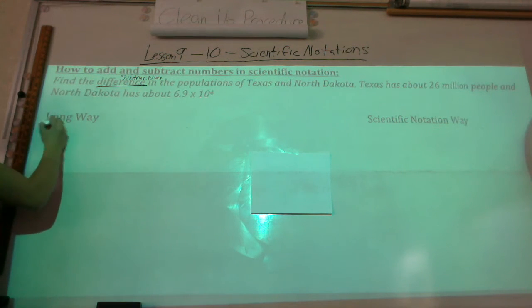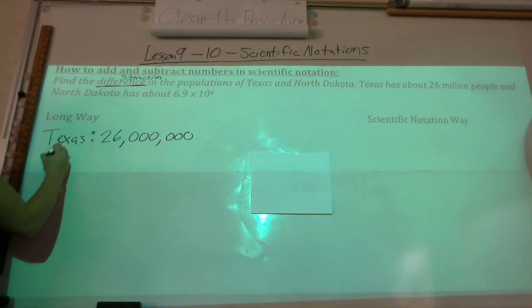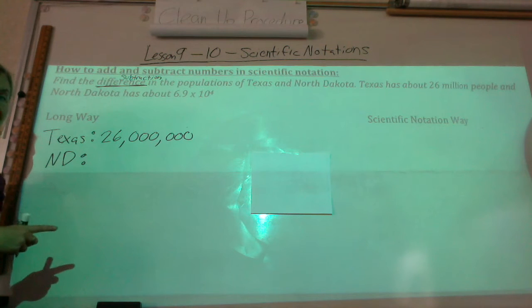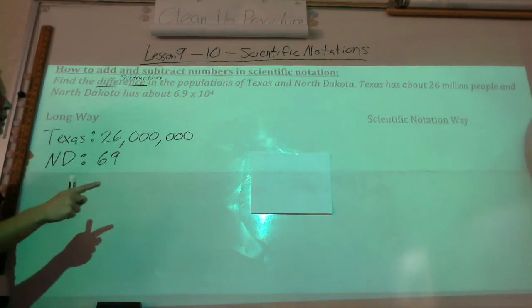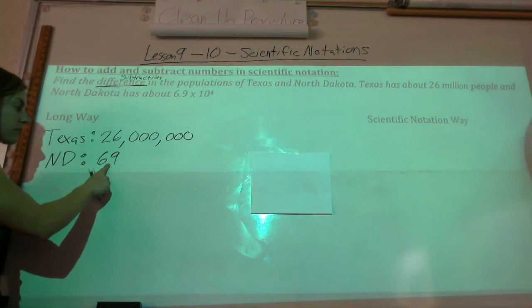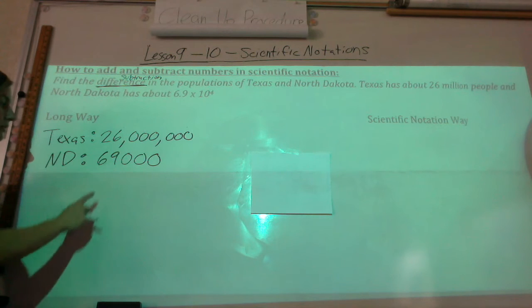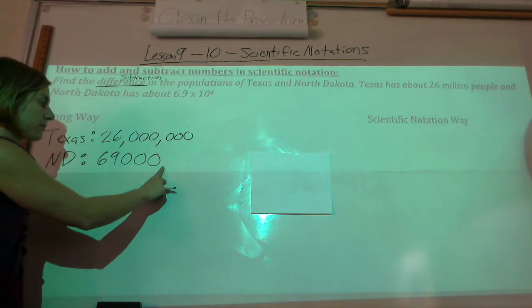Texas has 26 million, so let's write out that number. North Dakota has 6.9 times 10 to a power. Now we just learned how to expand that out, so we need to do that. It's a 6 and a 9, and then we need to make it bigger by 4 spots. So it was here, so there's 1, 2, 3, 4. Let's check that we did it right. It was here, and it goes 1, 2, 3, 4 to make it bigger by 4 decimals.